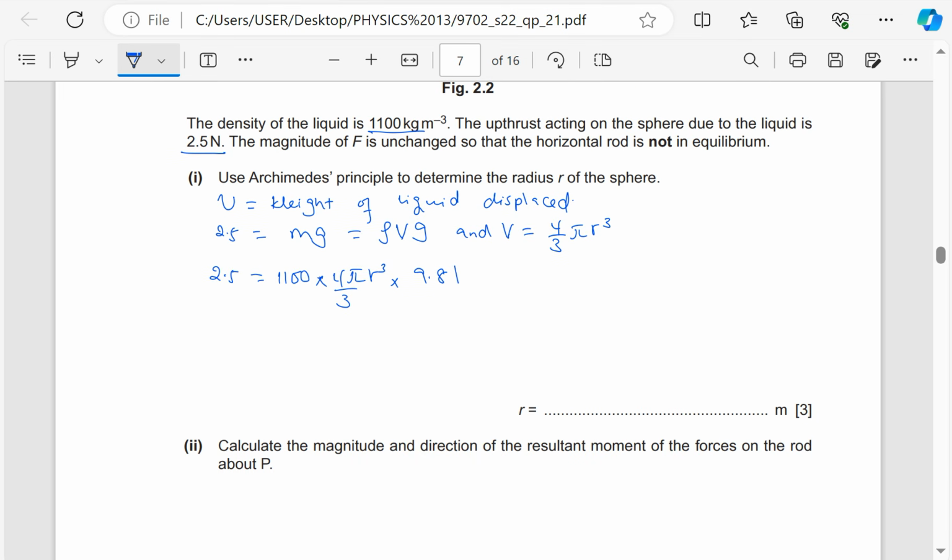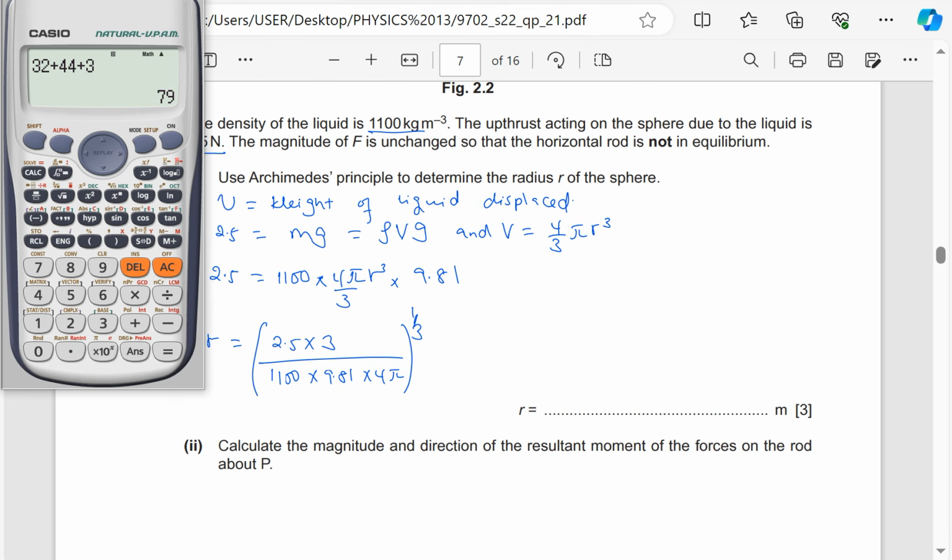Okay, so I'm going to make r the subject. So r is going to be 2.5 times 3 divided by 1100 times 9.81 times 4 pi, and this will be under the cube root, or I'll raise this to power 1 over 3.